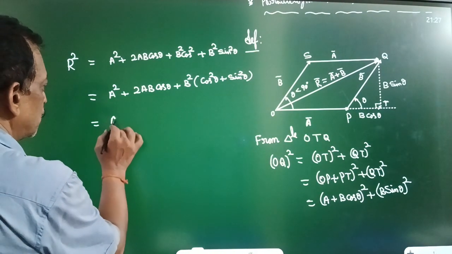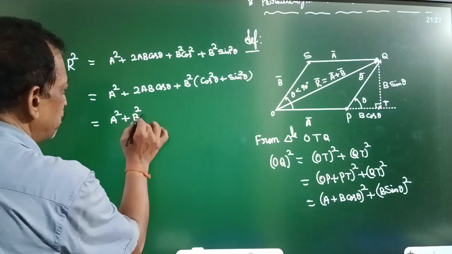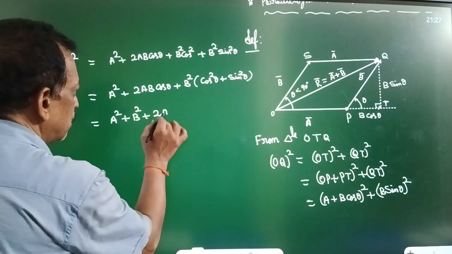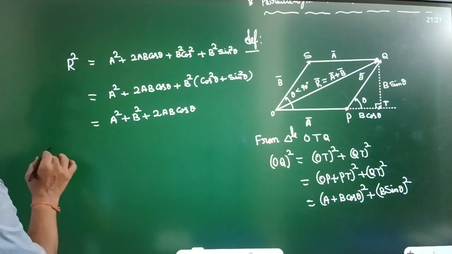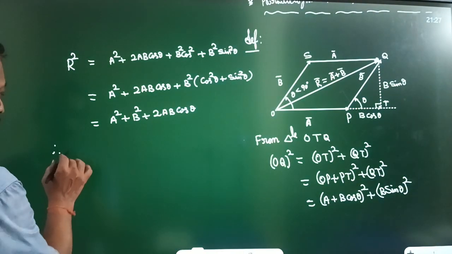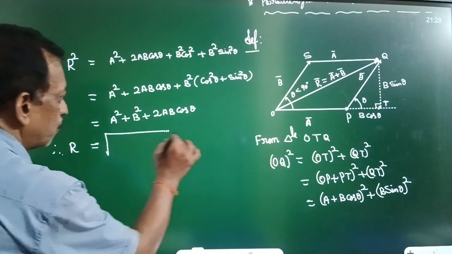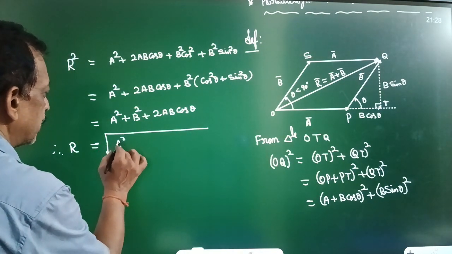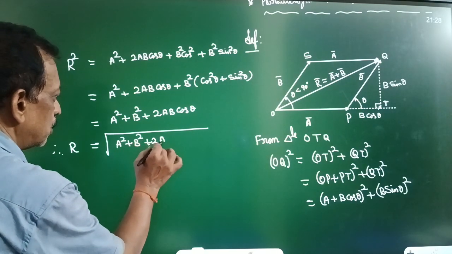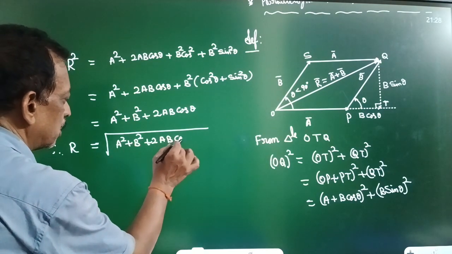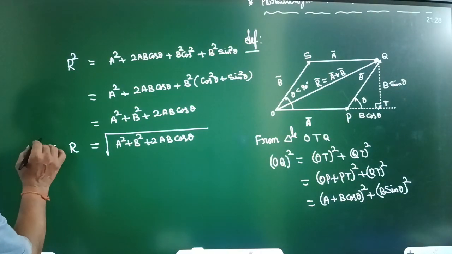So that is equal to A square plus B square plus 2AB cos theta. Therefore the magnitude of the resultant R is equal to square root of A square plus B square plus 2AB cos theta. So this is the magnitude of the resultant vector.